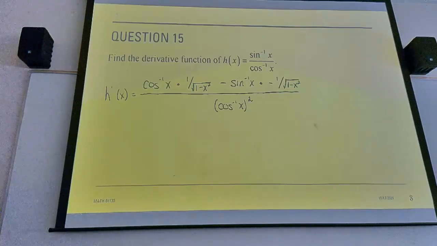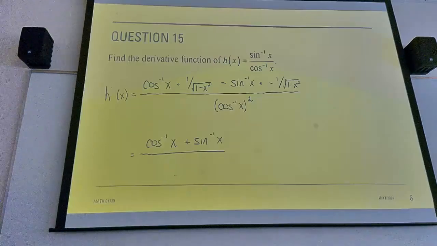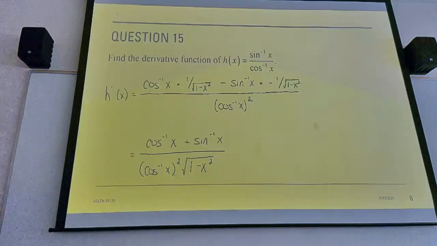We can simplify. And that is about as far as we can go.